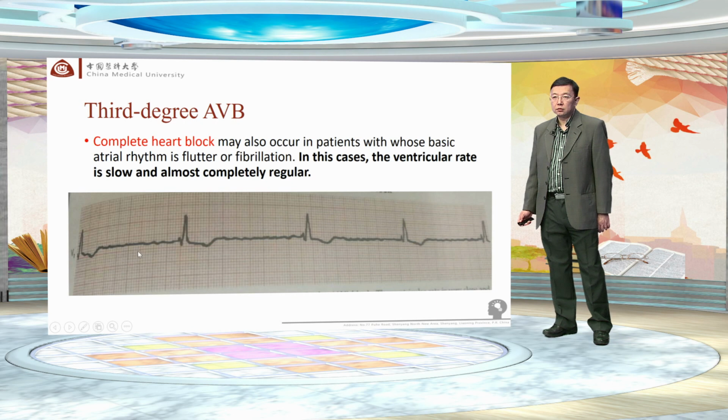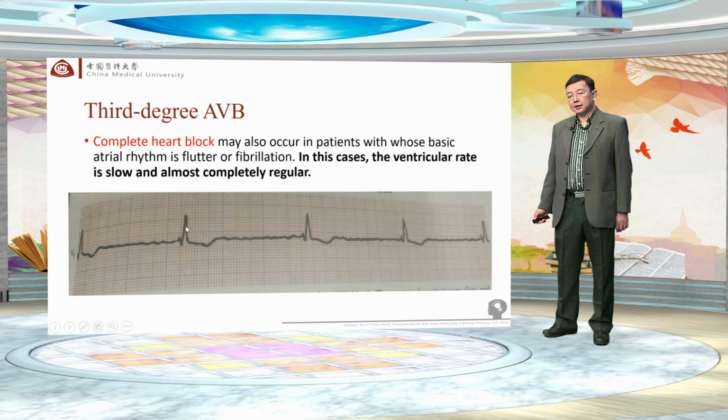In this one, the patient also has atrial fibrillation. The atrial part is fibrillating and the ventricular part is an escape rhythm, the ventricular escape rhythm.